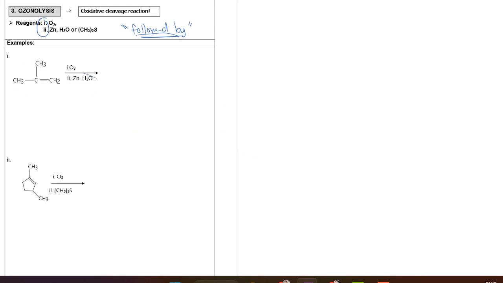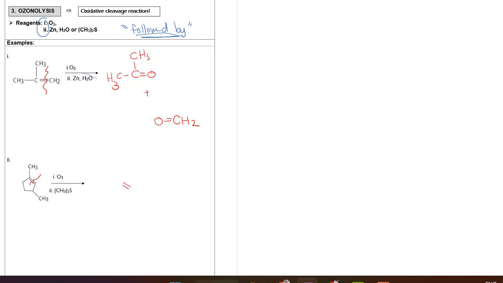This one is also an oxidative cleavage reaction, but this one is very easy. It will break, and then both carbons will receive a double bond O. Very easy. Same goes to this one.